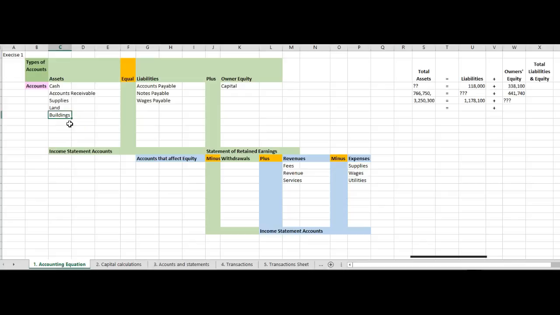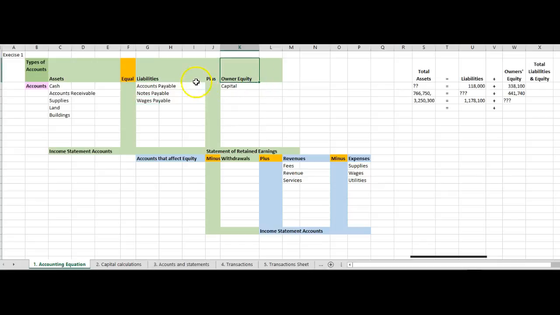to maintain our business. On the other side of the equation, we look at liabilities and owner's equity. Liabilities are anything that we owe, O-W-E, so it would be accounts payable, notes payable, wages payable, or anything that we're liable formally for, such as unearned revenue.